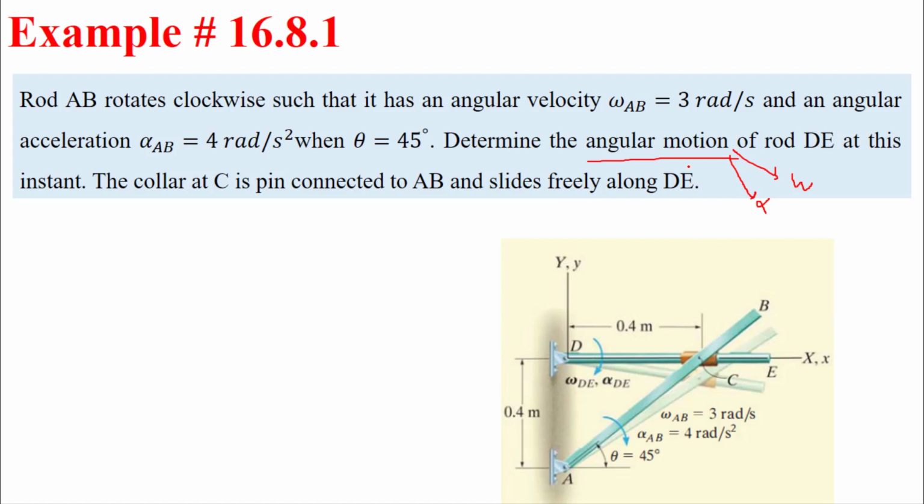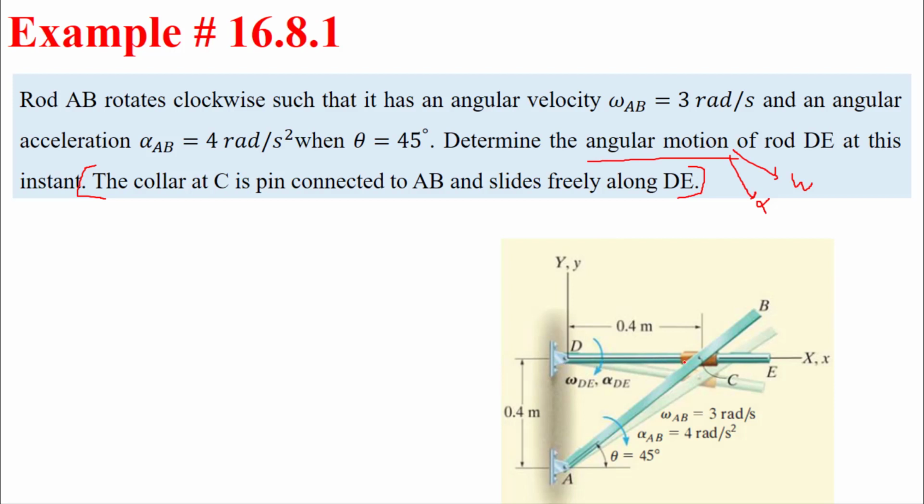This information is not always given to you, but you need to make sure that you understand it. Here you can tell easily that this collar is connected to AB and rotates with link AB, and on the link DE, it slides.